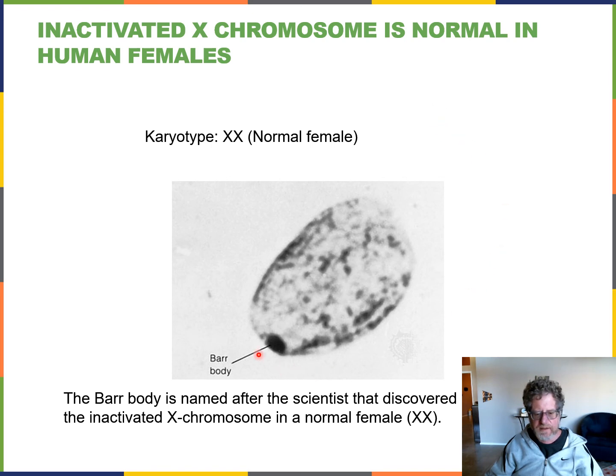Murray Barr was a human anatomist, and he discovered this darkly stained object in female cells. Sometimes it's called a Barr body, named after him. And it's the inactive X chromosome.